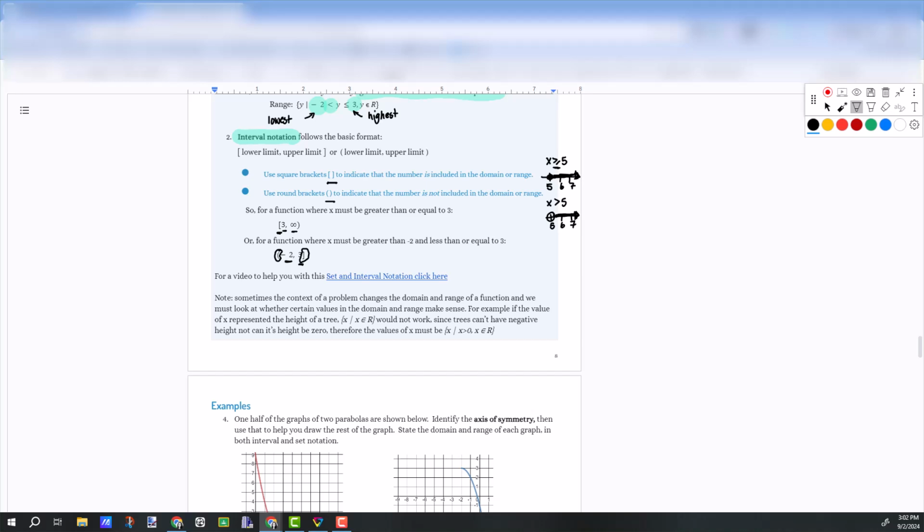Therefore, the value of x in this context must be x such that x is greater than 0, x an element of R. Just keep that little piece of information about domain and range. It changes with the context of the question.